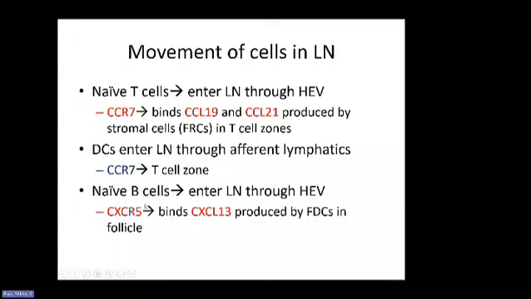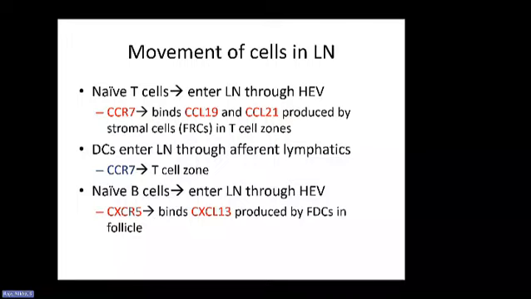Versus the naive B cells that are released from the bone marrow, they enter the lymph node through the HEVs, right? So these lymphocytes are entering the lymph node through high endothelial venules. And the naive B cells express CXCR5 on them, so they are attracted to a place that releases CXCL13.